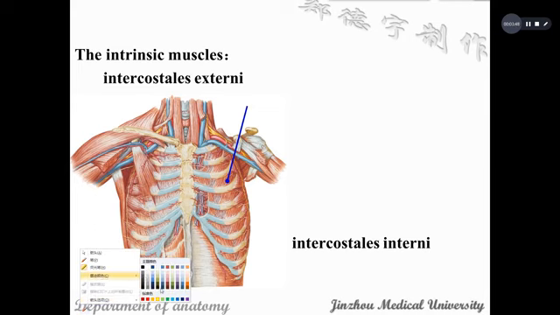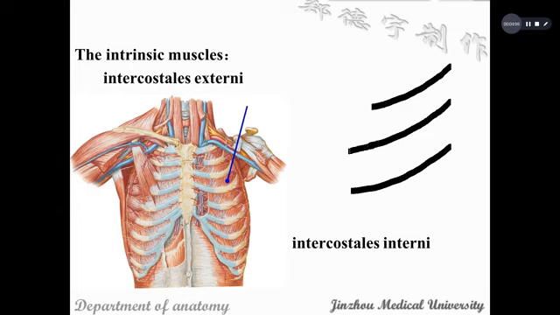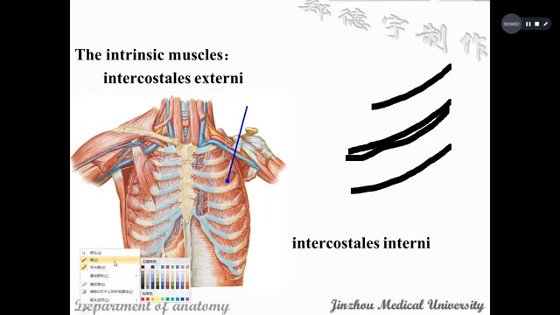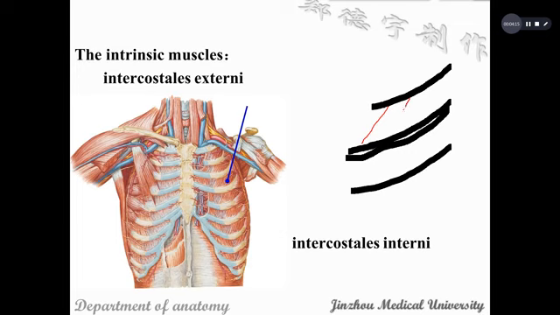For the ribs, I use the black color, with this direction and this direction. And then the muscle fibers of the intercostales externi run in this direction. I only draw the left chest in this direction.